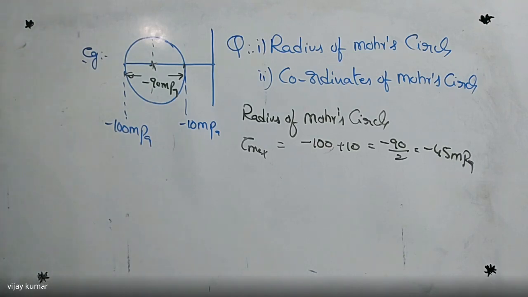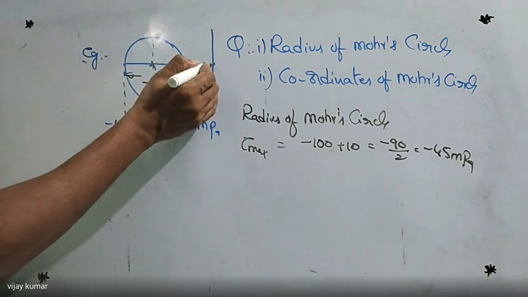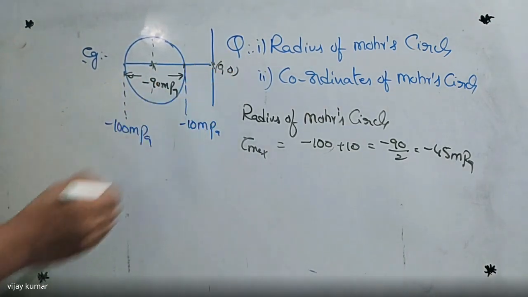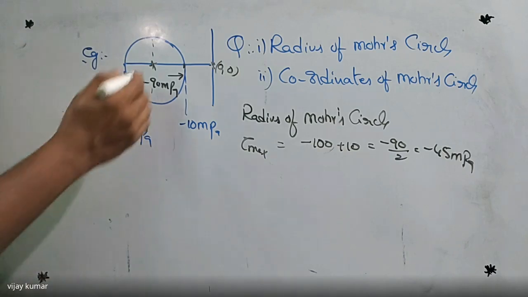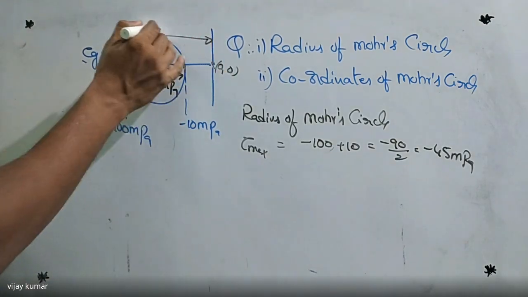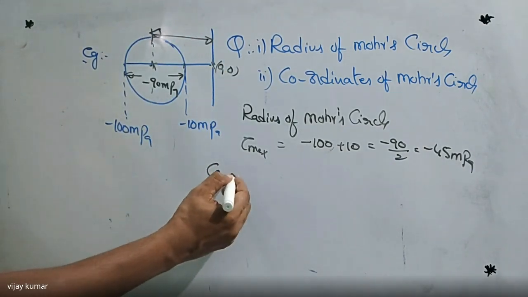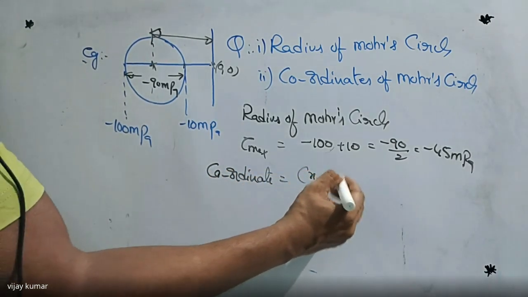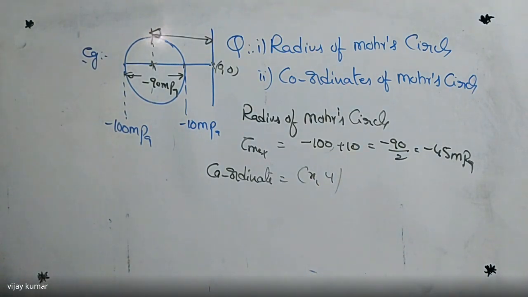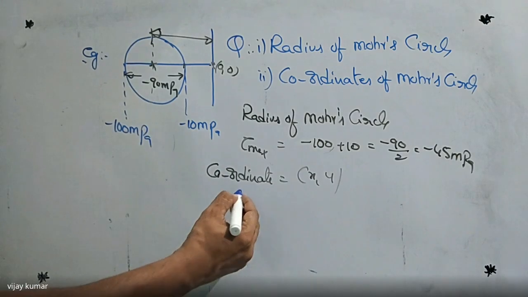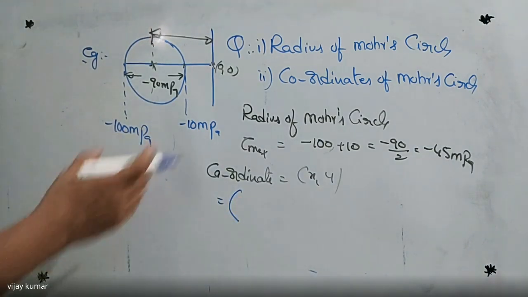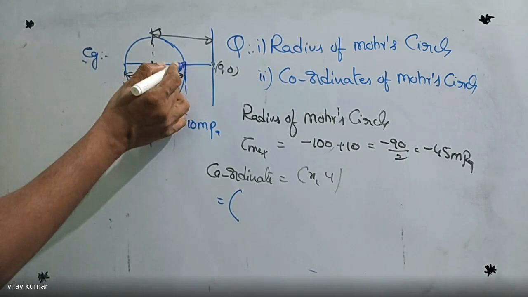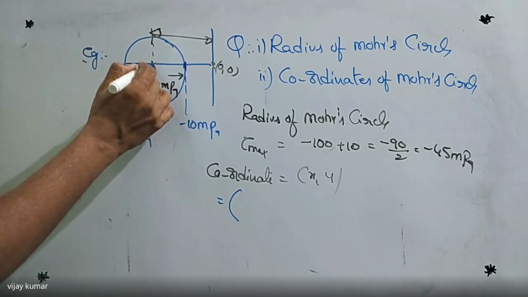Right. So here, what are the coordinates of this circle? The coordinates you have to calculate from the origin, O comma O. What is the distance between these 2 points now? That is x. So I'm writing here coordinates x comma y is equal to how much? The x value is this total, up to this one is minus 10, after this one is minus 45.